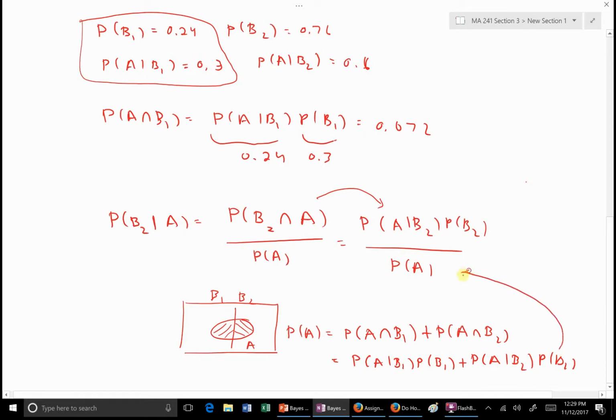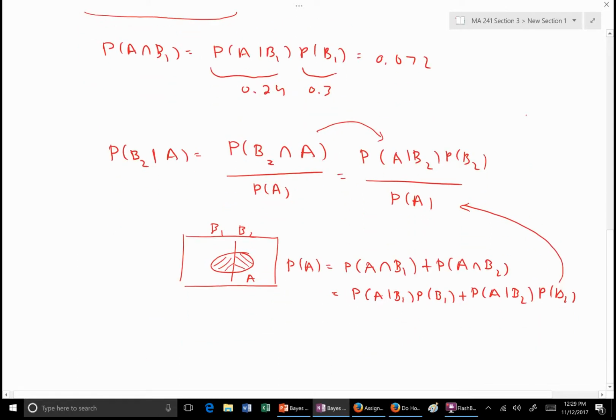If I put this up in here, I end up getting my final answer. At least I get the form that I'm going to use, and then I'm just going to substitute the numbers in, okay? So we said this is the probability of A given B2 times the probability of B2.